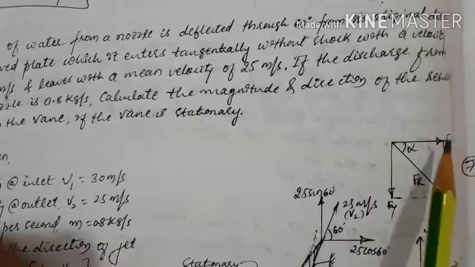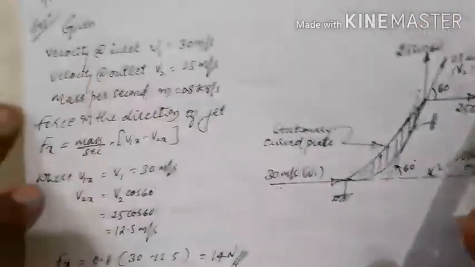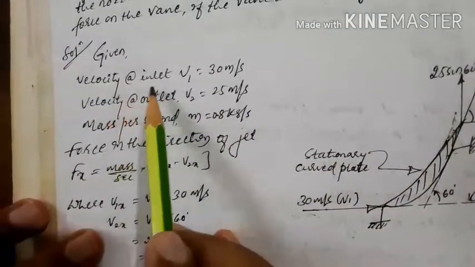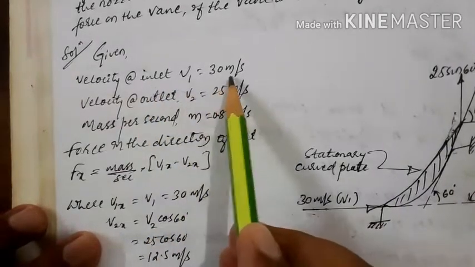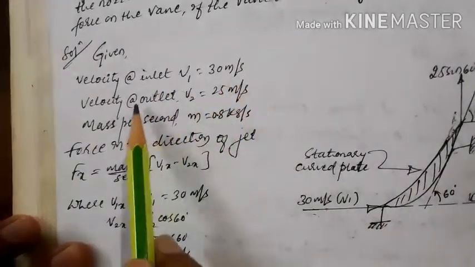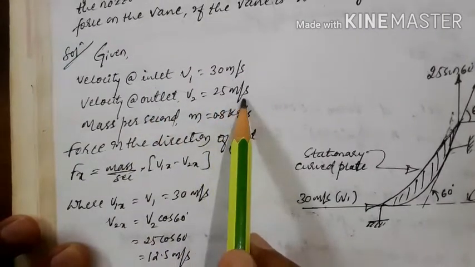Okay, so here first write the given data. The velocity of the jet at inlet, that is V1, is 30 meter per second, and the velocity at outlet V2 is 25 meter per second.